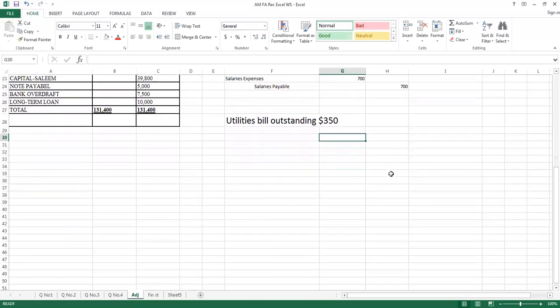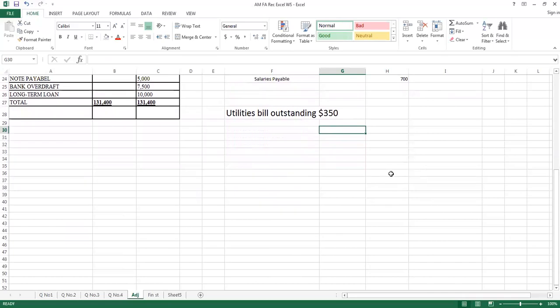No, I must record it because bills are outstanding. It means that this is committed by the firm. We have to pay it. But right now, of course, we are not paying it. So if we are not paying it, should I not record it? Of course, I can't do that because this kind of information will mislead the investor and other people who will use my financial statement. So I need to report it.